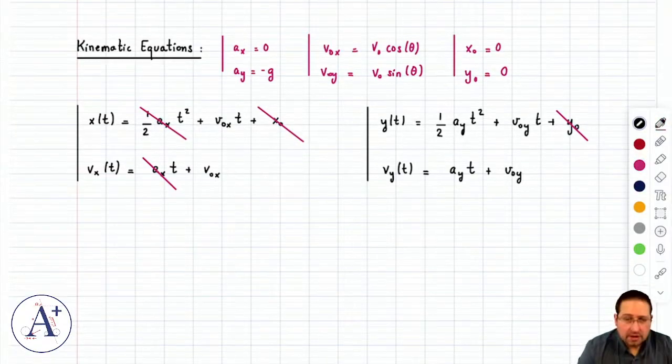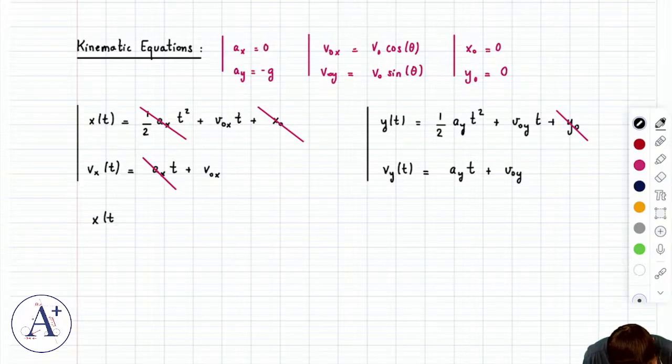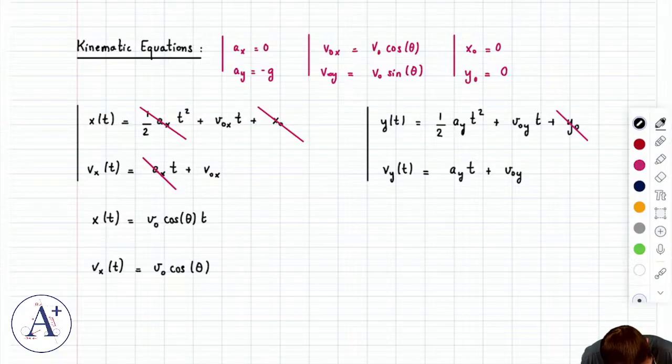So I get 4 kinematic equations. I get x of t is equal to v naught x, which is v naught cosine theta times t, and then vx of t is equal to v0 cosine theta.